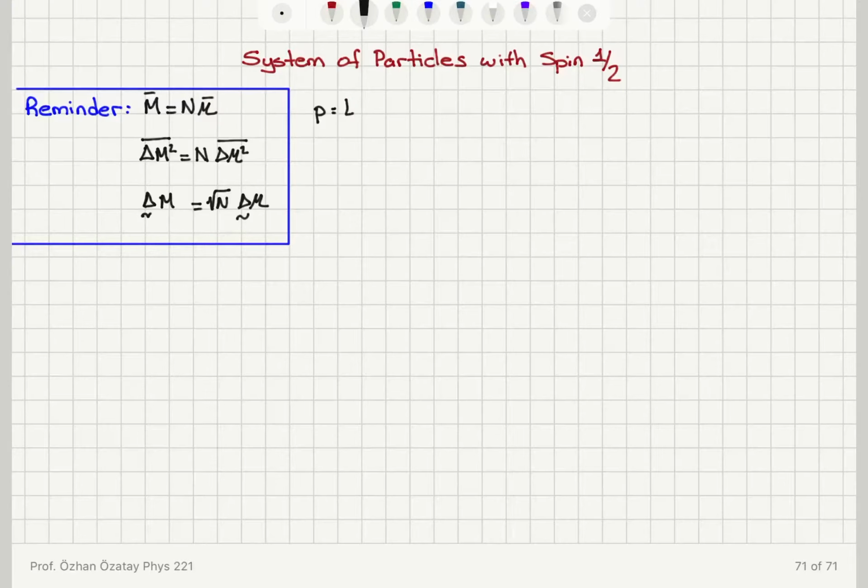Okay, so the probability of having up spin is P, and there is a corresponding moment for the ith spin here.